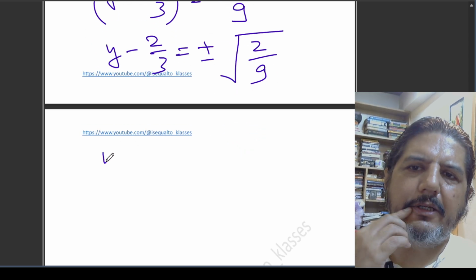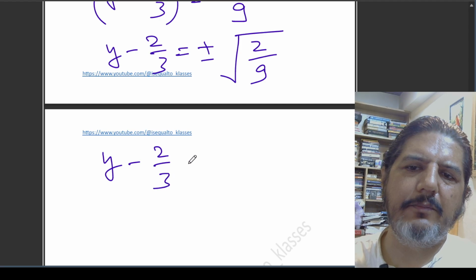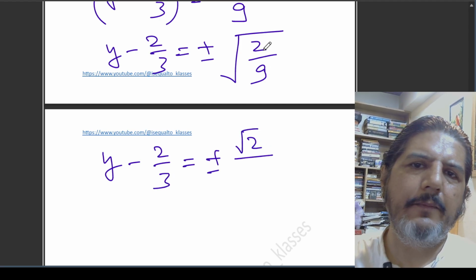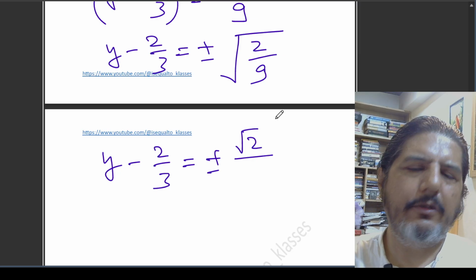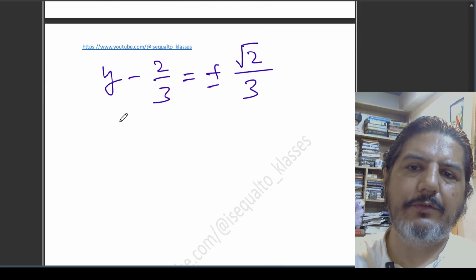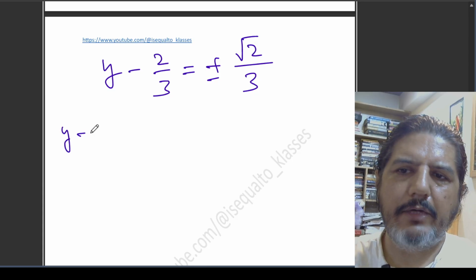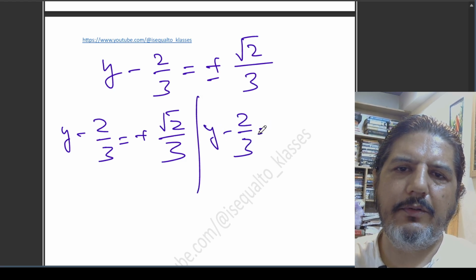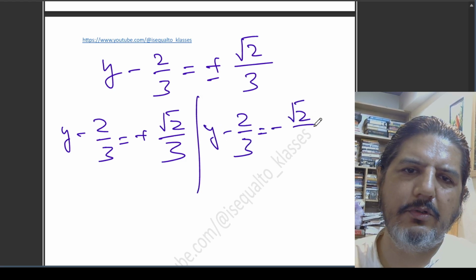And this is plus minus root 2 upon, root 2 in the numerator would be root 2, but in the denominator root 9 would be 3. Now I have two answers. First, y minus 2 upon 3 is equal to plus root 2 upon 3. Second, y minus 2 upon 3 is equal to minus root 2 upon 3.